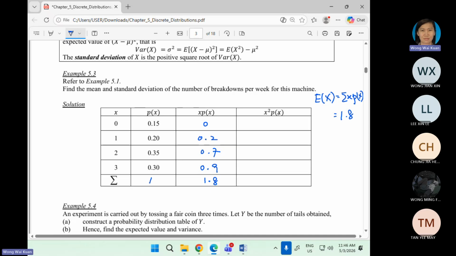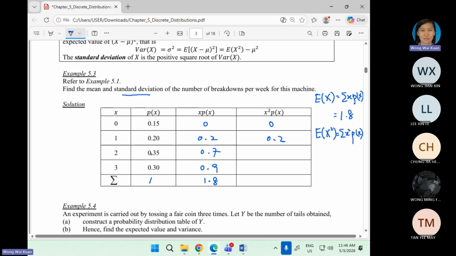Then why do I want to find the sum of x squared P(x)? Because I need to find the standard deviation. To find the standard deviation, the first thing I must find is E of x squared. E of x squared is the sum of x squared P(x). So 0.5 times 0 squared, I have 0. 0.2 times 1 squared, I have 0.2 also.